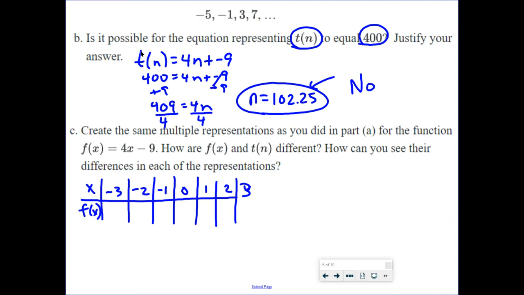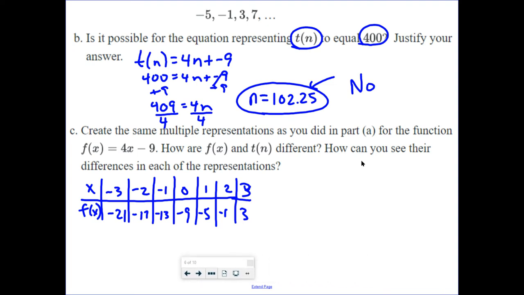If it was x and y, I want you to go from -3 to +3. Now, I know my y-intercept is -9. I know my slope is 4, so -5, -1, 3. But then working backwards, -13, -17, and -21. So that is what I would want to see as a table for this situation here.